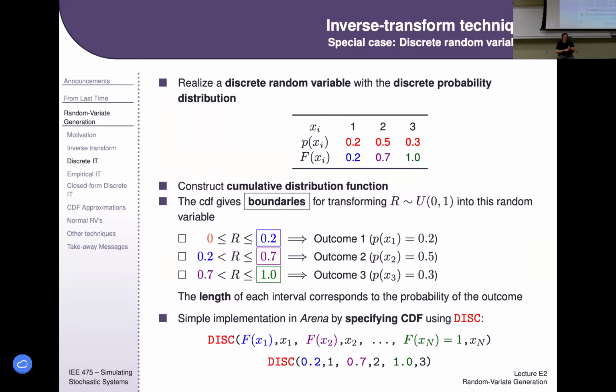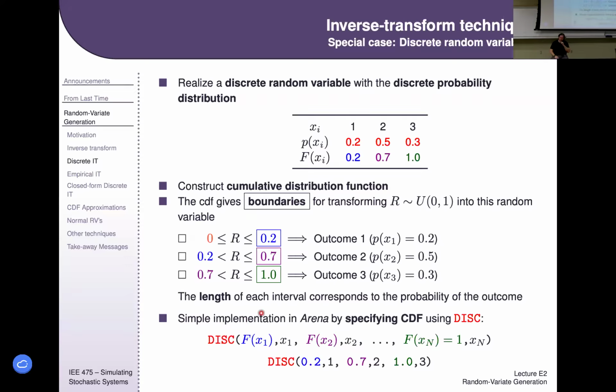So we've talked about this already in Arena, and this is something that I would remember for the midterm: once you have one of these inverse CDFs for a discrete random variable, you can load that into Arena and it will do the random dart transform for you, but you've got to give it the CDF, not the PMF, not the mass function.